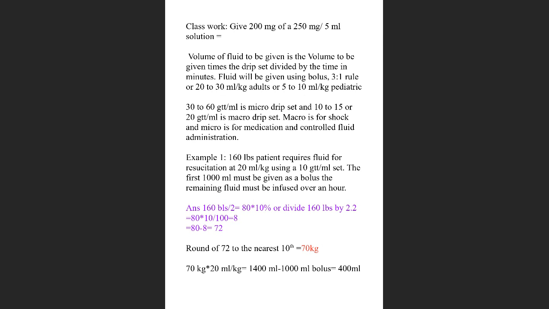So if I want to know how many drops I would get per second with a 30 drop set, I would simply divide 60 by 30. So it takes 2 drops to give me a second. We need to know it down to a second because that's how we adjust the drip rate.